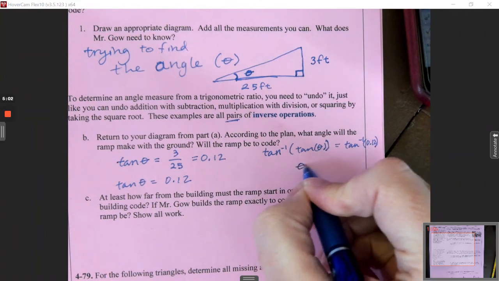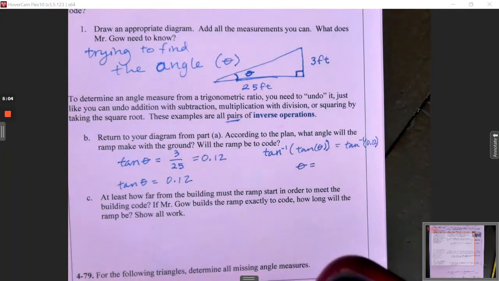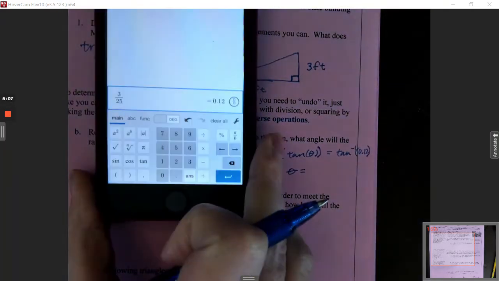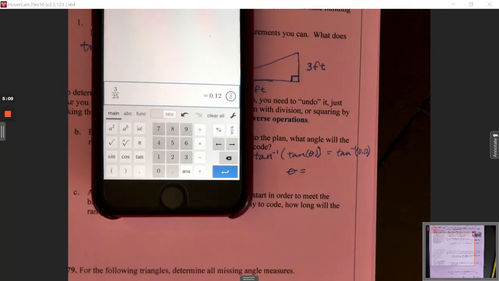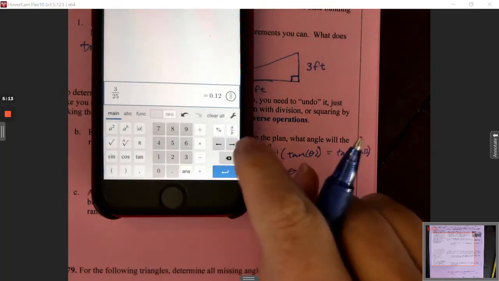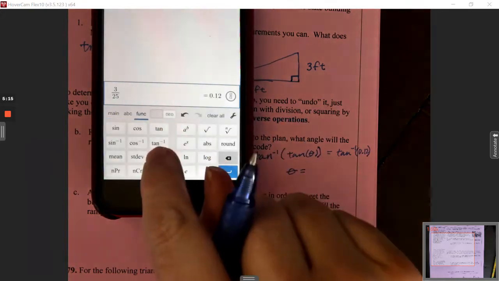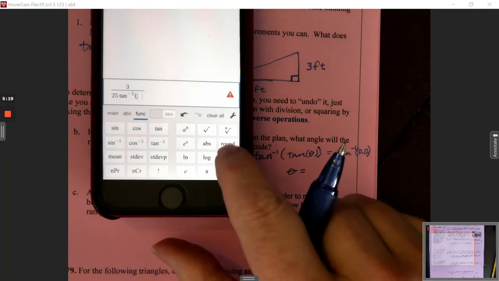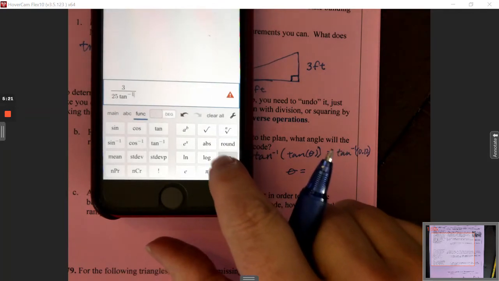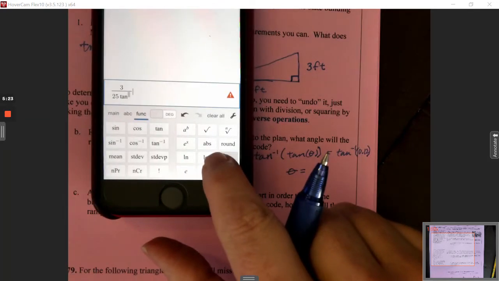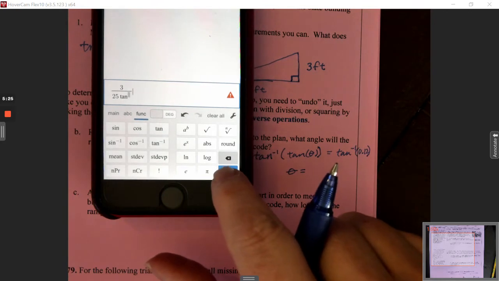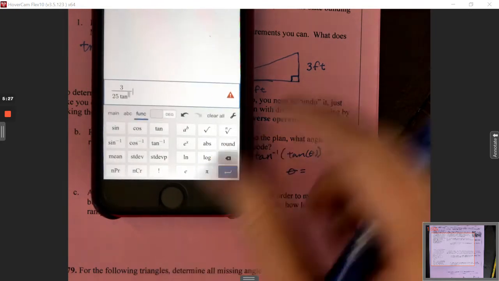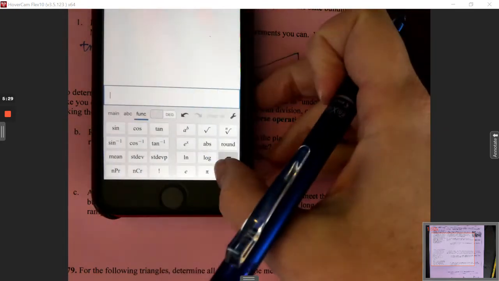Anyway, so tangent inverse of 0.12. And so there's my answer. So theta equals 6 point. Wow, that's blurry.